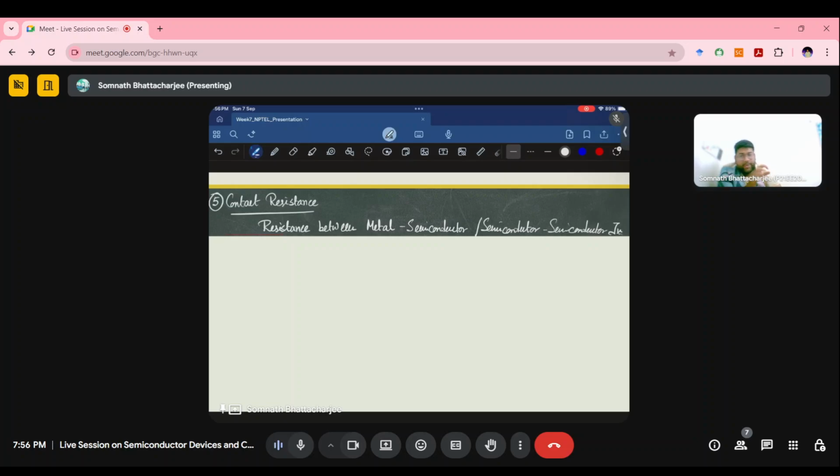Okay, so at the basic metal semiconductor junction, there is a basic resistance. In most cases we assume that there is no resistance between these two layers, or these two subsequent materials. So we assume that there is no resistance, but in physical cases there is obviously a resistance. So that is called the contact resistance.